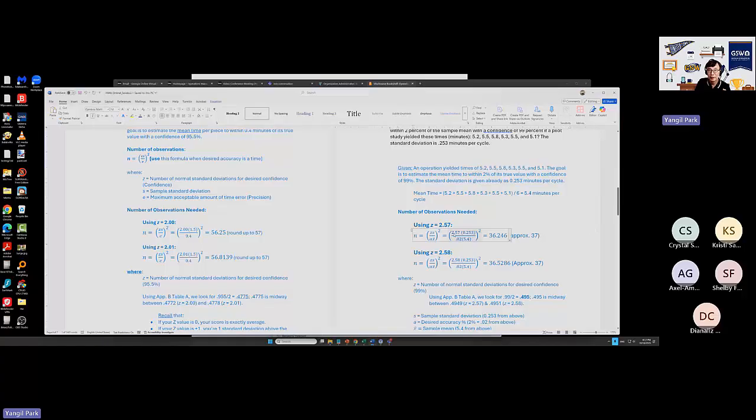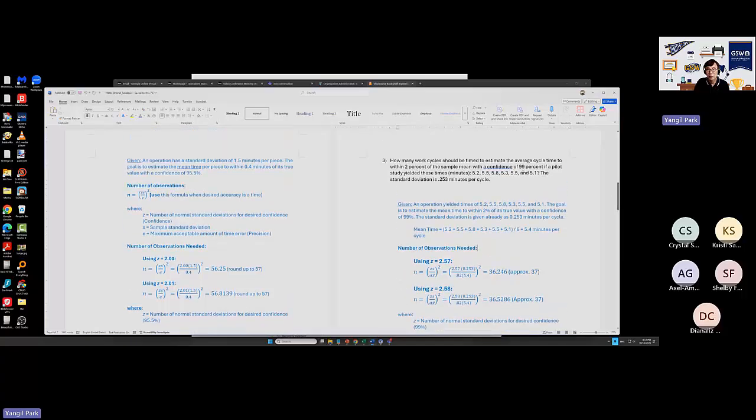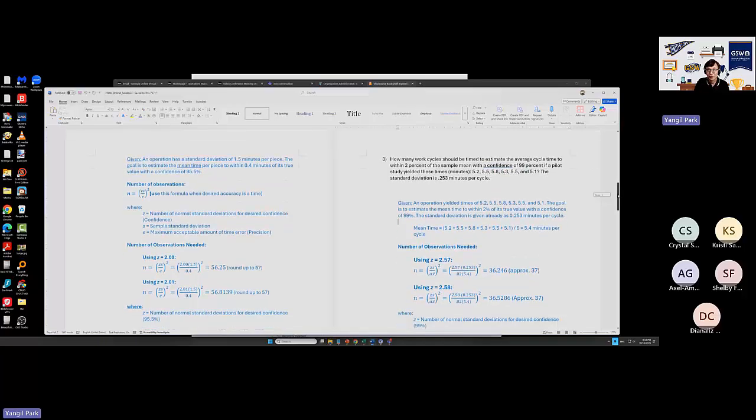Okay, then the numerator will be the same, with the standard deviation, and then you're going to multiply by a z-score, which is 2.57 in this example. And again, this time the confidence level is 99%. So we want to be pretty sure, we want more accuracy.